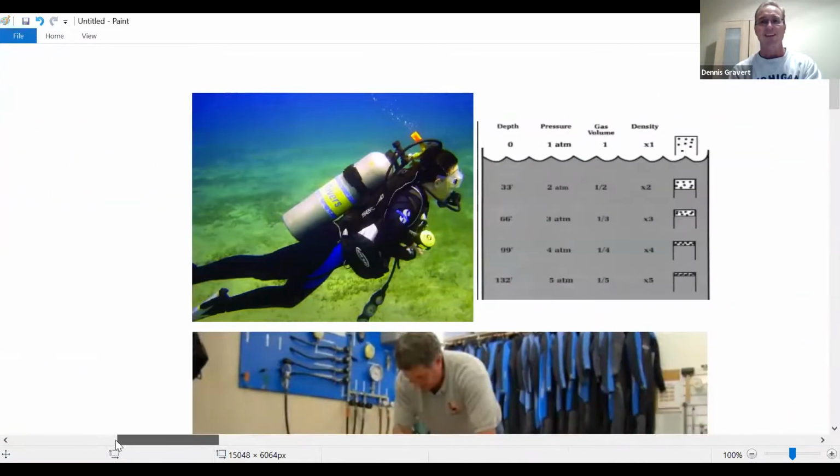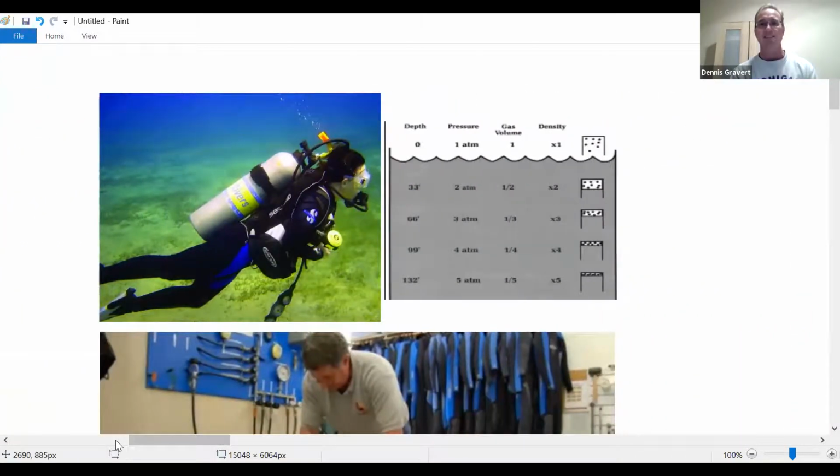Okay, the other thing we're going to cover in this video is, oh no, one more idea about Dalton's Law. I mentioned the scuba diver, so there's a picture of someone underneath the sea scuba diving. Cool. Here are some pressure gauges down here. Good idea to keep an eye on how much air is left in the tank.